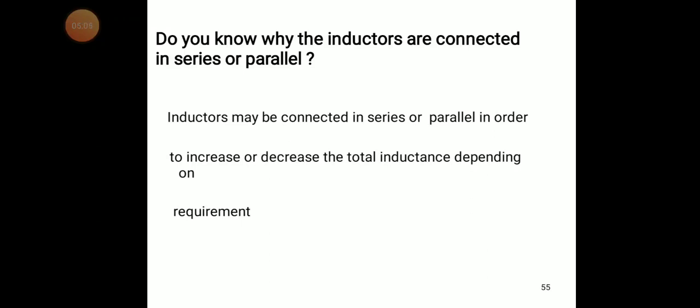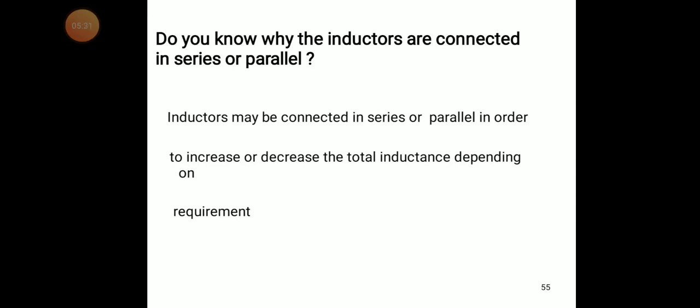One resistor does not affect another resistor's value, and one capacitor does not affect another capacitor's value. So we can simply take each value as an individual value, apply the series and parallel formulas, and find the equivalent value.